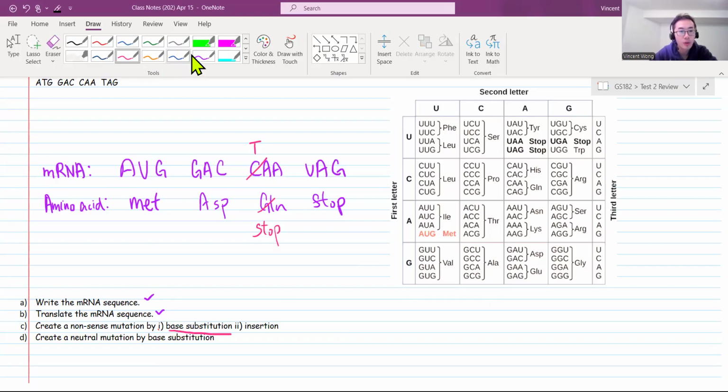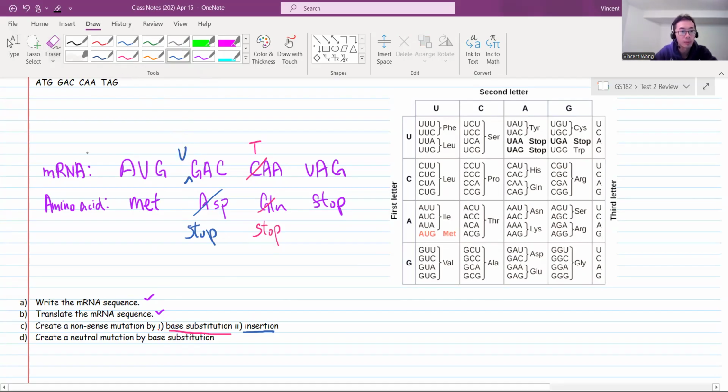If I want to create a nonsense mutation with an insertion, then I have to add an extra nucleotide that would result in a stop codon. So I see GA here. What I can do is put a T right there, and that would cause it to become stop, because then the ribosome will read it as AUG and then UGA, right?